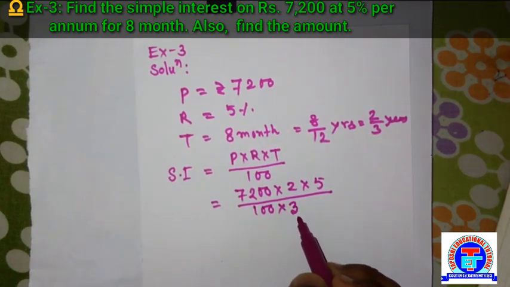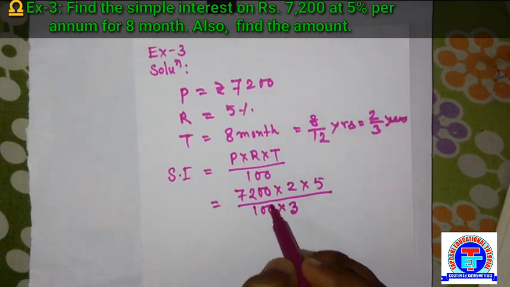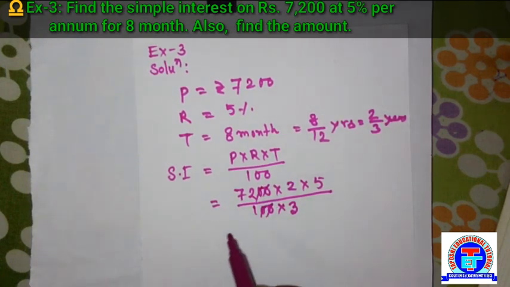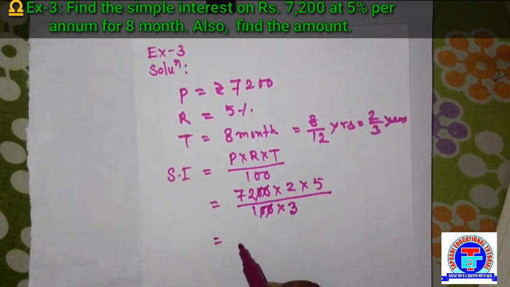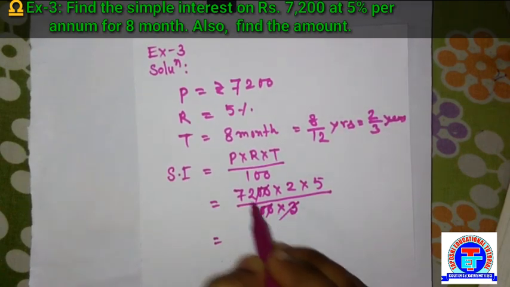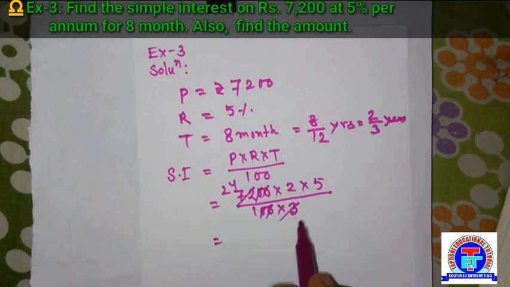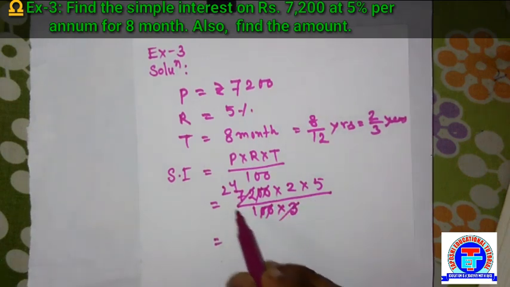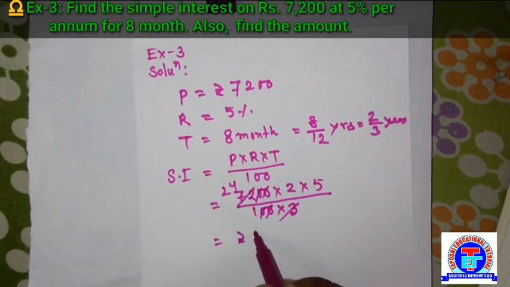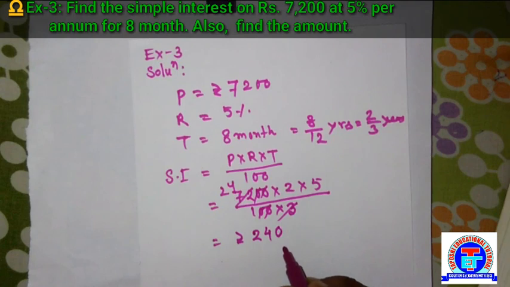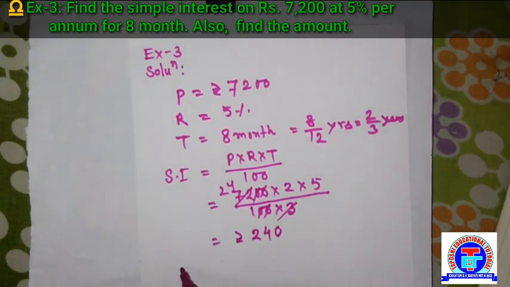So the zeros cancel out, and this one will come 24. Now multiply, this will come 10 and rupees 240, correct?